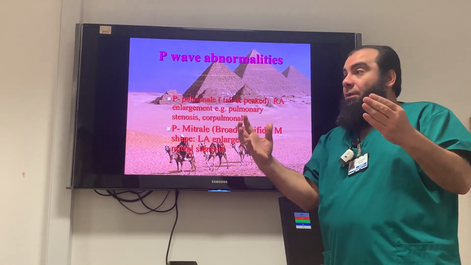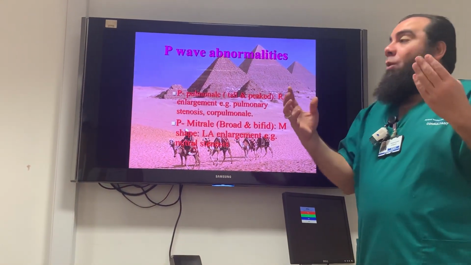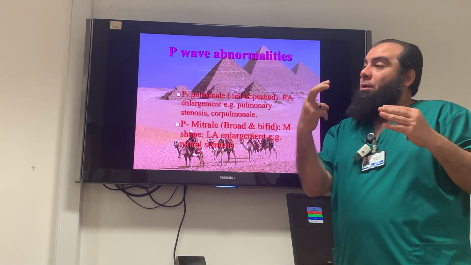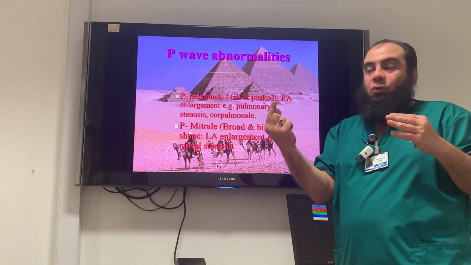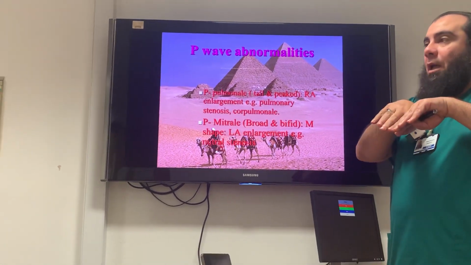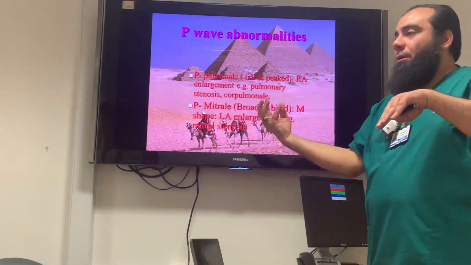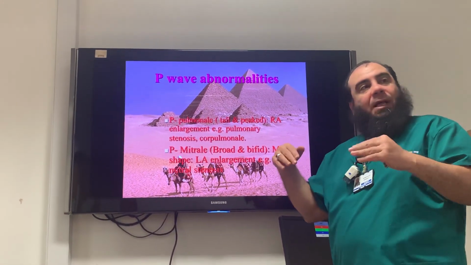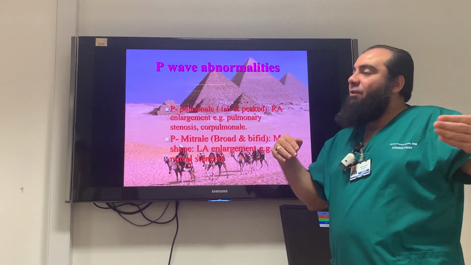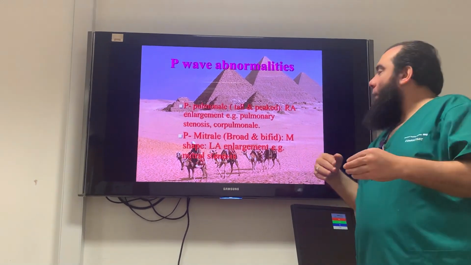Simple logic. But again, we are speaking about two chambers presented by only one P wave, so we have to think about which part represents which one. The first half of the P wave represents the right atrium, and the second half represents the left atrium.